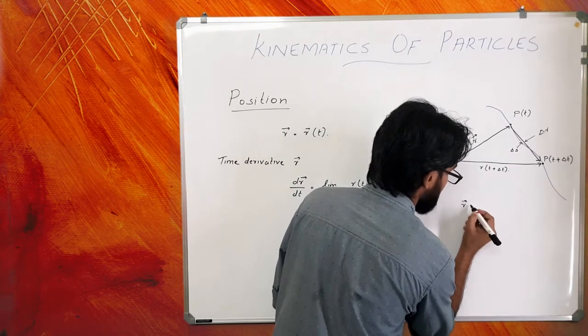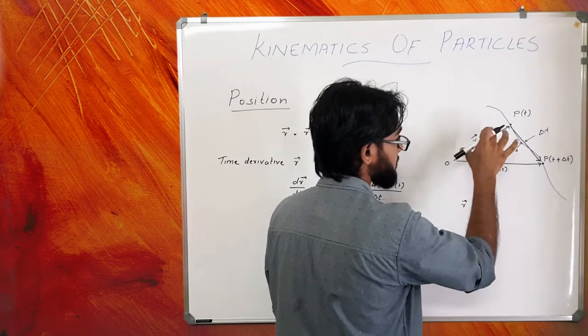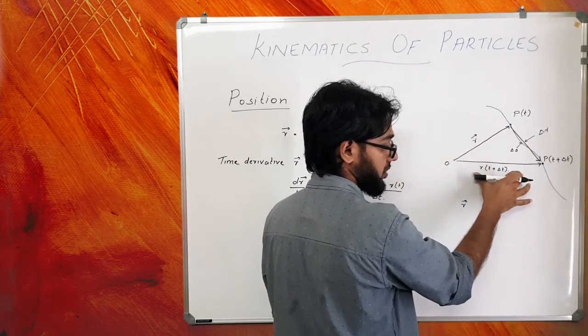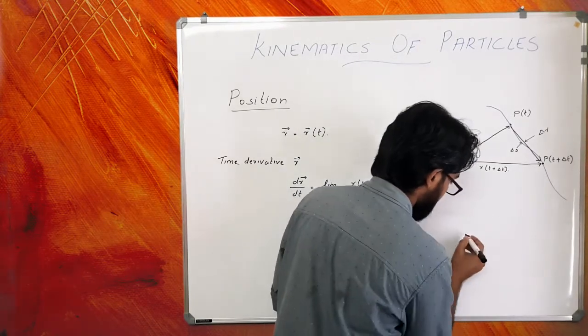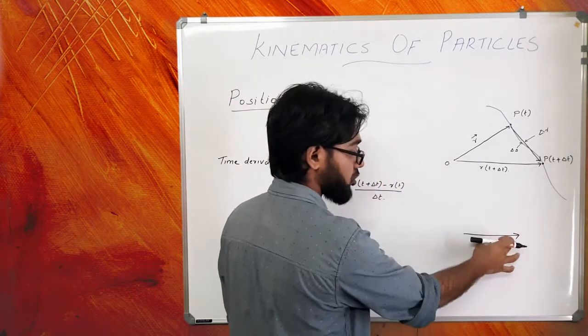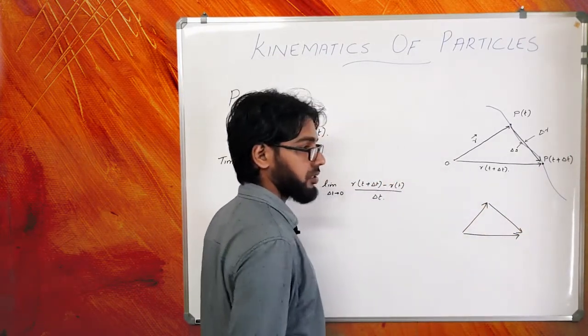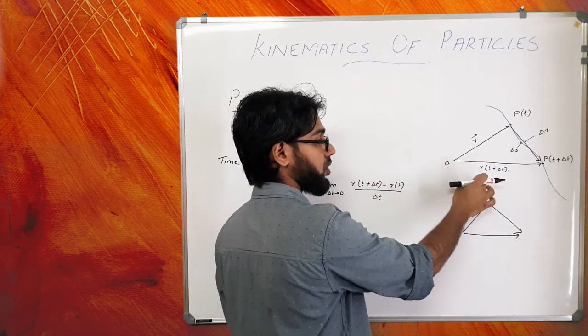This vector is equal to the sum of this vector plus this vector. If you have a vector like this, this will be equal to this vector plus this vector. The same thing is represented here, or I can say vice versa.